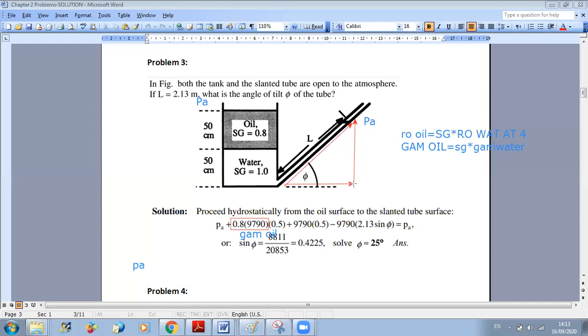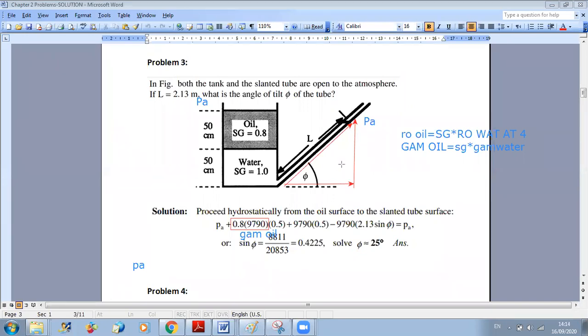In rigid body motion, it becomes different if you have acceleration. If you are accelerating in the horizontal direction, the pressure will also change in the horizontal direction. But in this problem, it's static, so I don't have variation in pressure in the horizontal direction. I only have variation in pressure in the vertical direction, so I care only for the change in elevation.